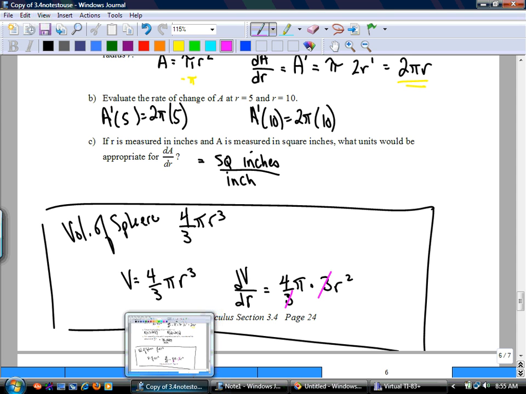Surface area. So as you blow air into a balloon, you're increasing the volume, are you not? When you increase the volume of the balloon, don't you have to increase its surface area? Cool? Coincidence? Nope.